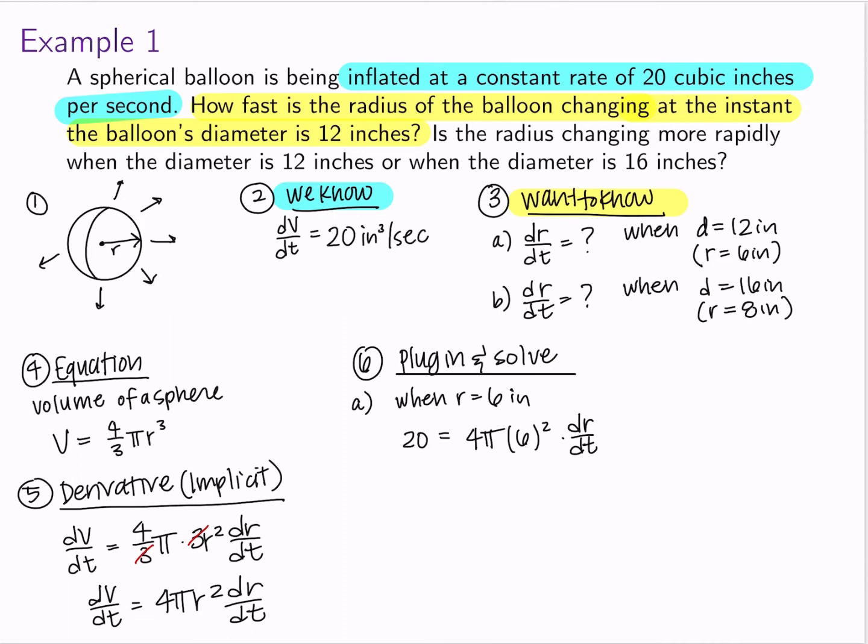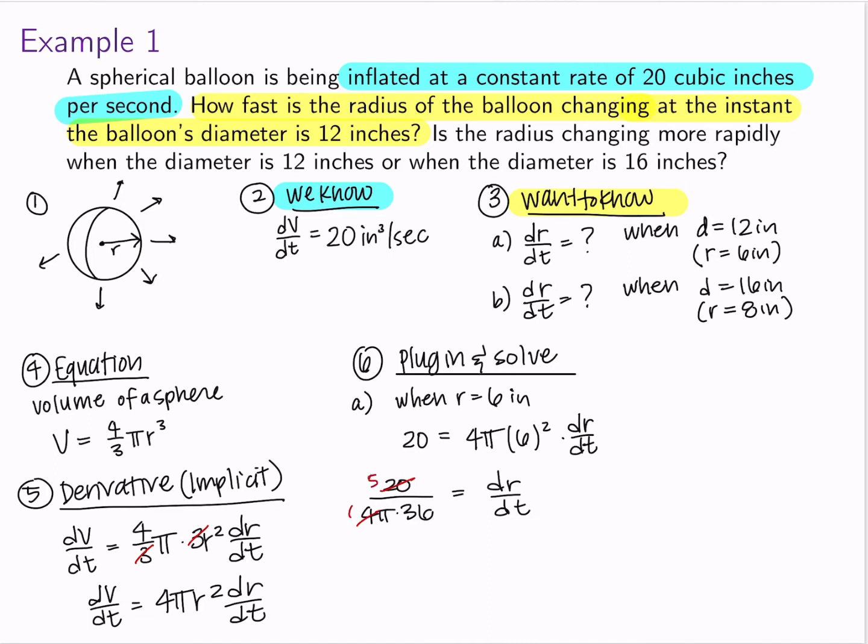All right, so I'll divide both sides by all that stuff next to dr/dt. So I get 20 over 4 pi times 6 squared, which is 36, equals dr/dt. And I think this can clean up a little bit because 20 over 4 is 5 over 1.